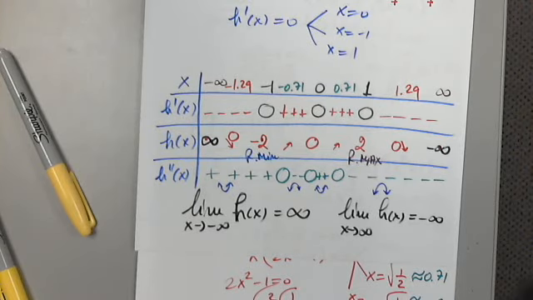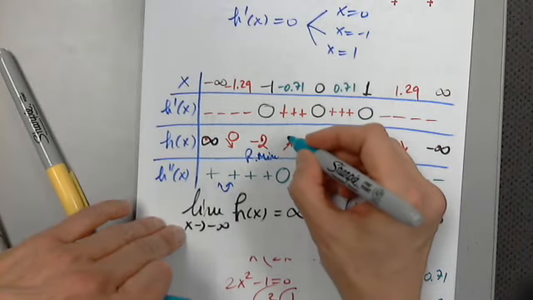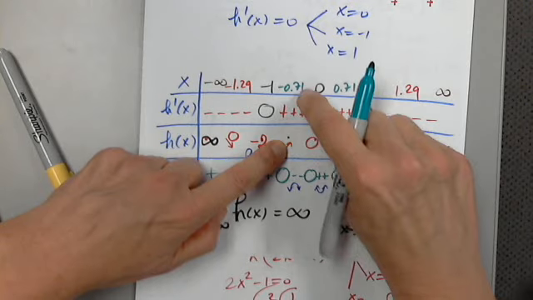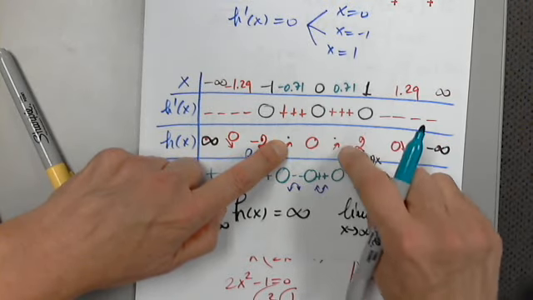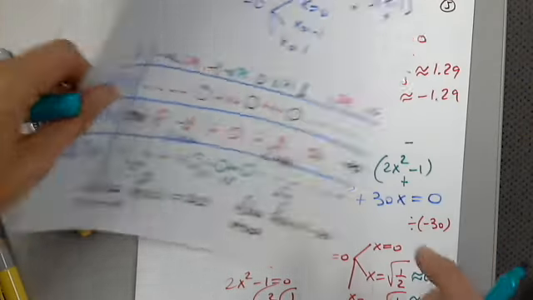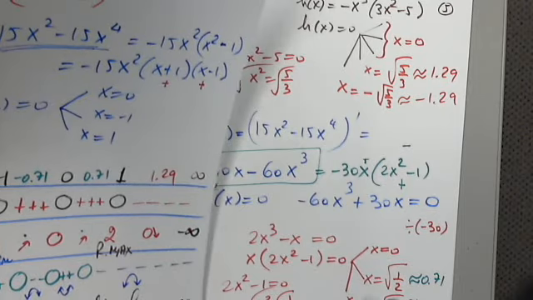Now I have 2 more x values in there, so I have to find these 2 y values. One for negative 0.71 and the other one for 0.71. How did I get 0.71? From the square root of 1/2.